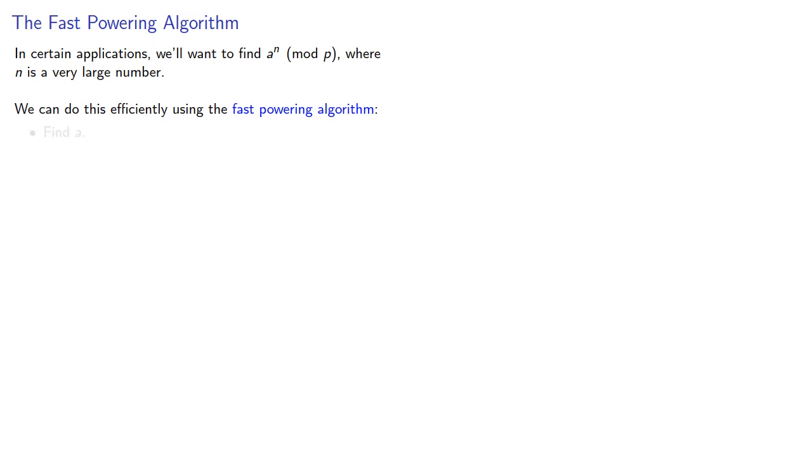We'll find our number, square it, square the result again, and importantly, we'll be reducing these mod p, and then we'll select the powers that multiply to our exponent. So, for example, say we want to find 7 to the power 560 mod 13.